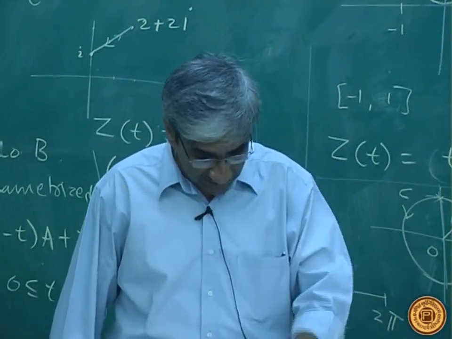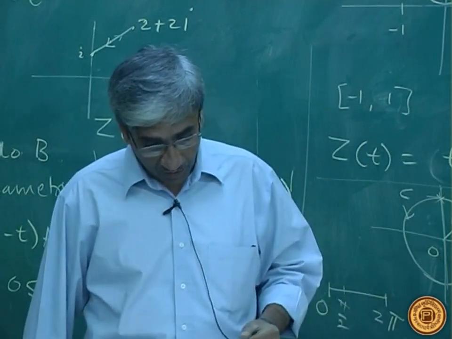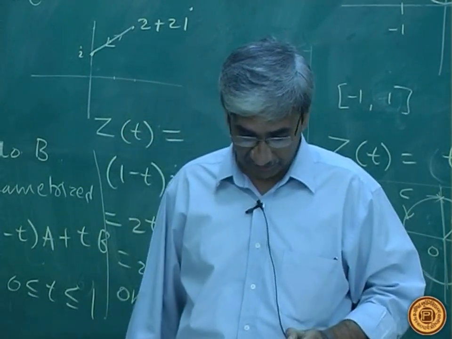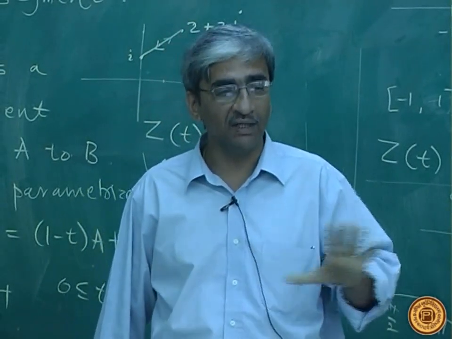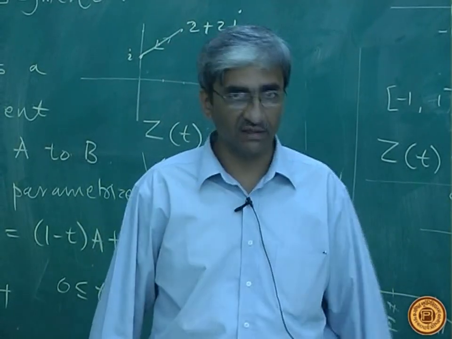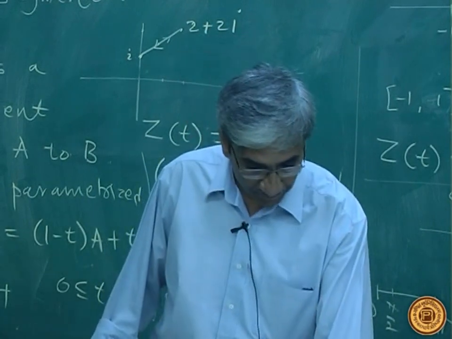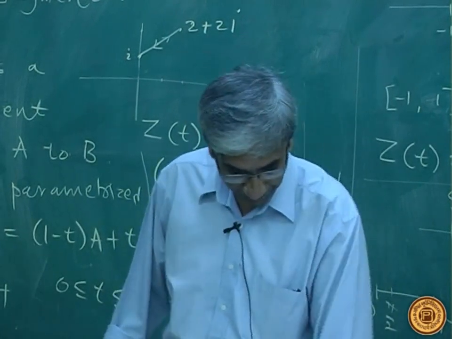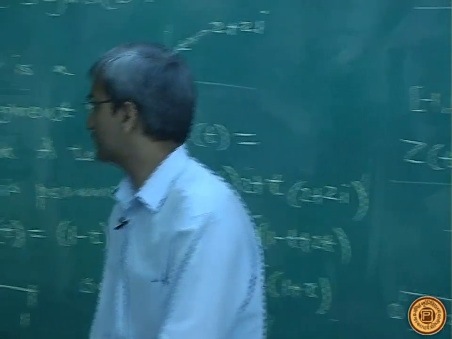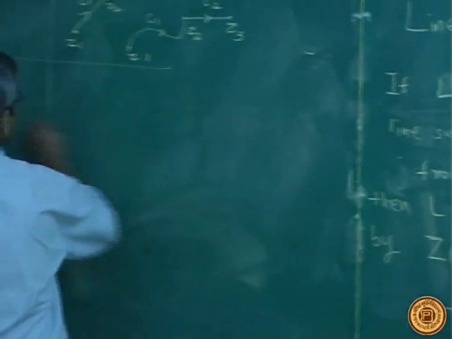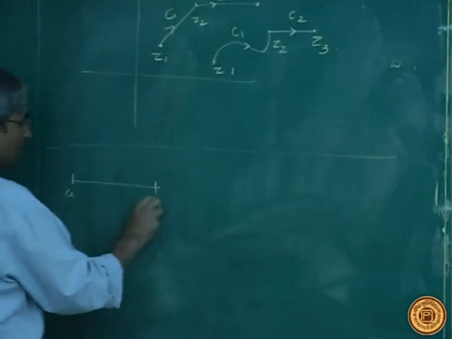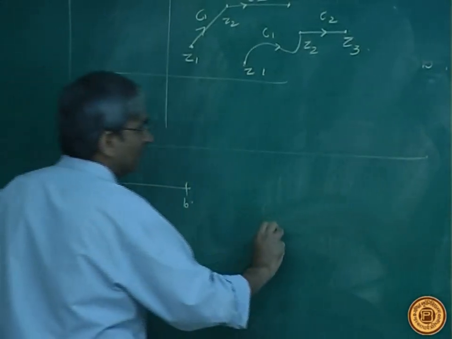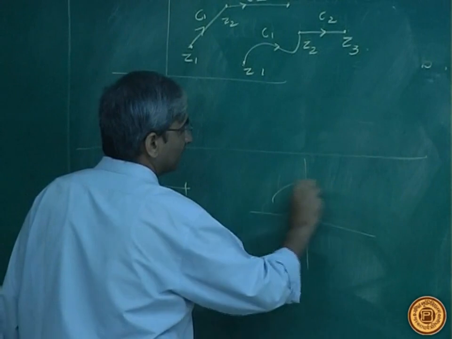Now the next concept is the length of a curve, which you have already done. The arc length formula you have done, but it is written in complex notation here. Suppose z(t) is the contour, then the length of C: suppose this is the interval AB of parameterization and you have a curve in the complex plane like this.